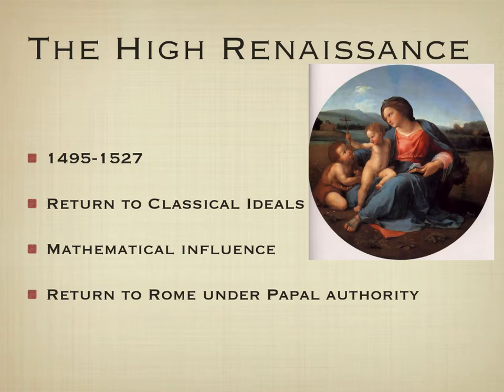Moving into the High Renaissance, this is the early 16th century, and this time period is seen as the high point in Renaissance art. Again, here we're very strongly going to see a return to the Greek ideal of an idealized form.